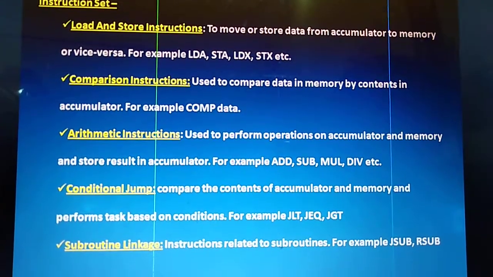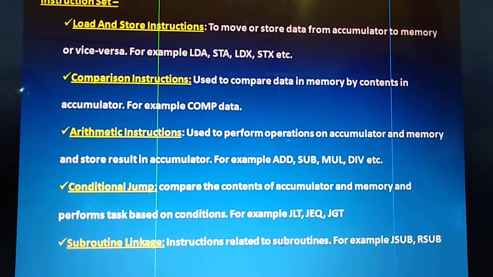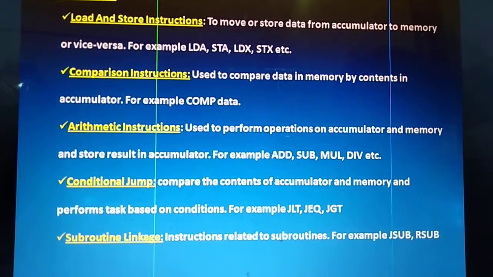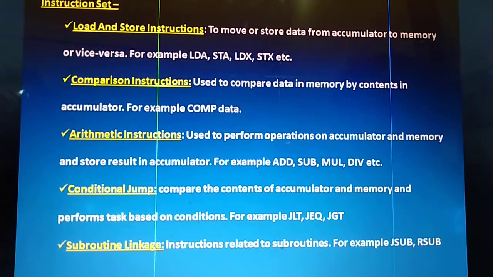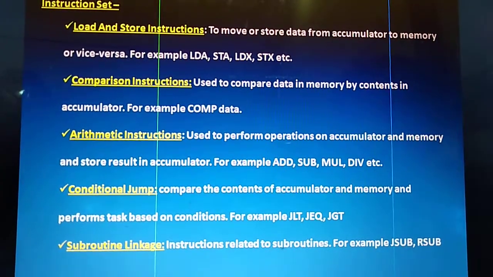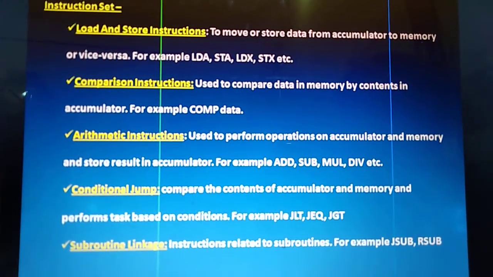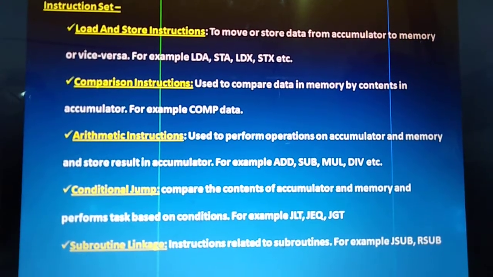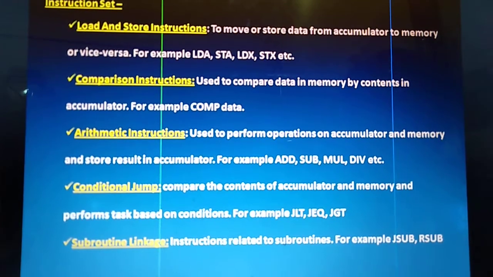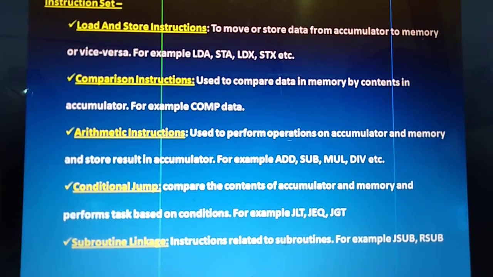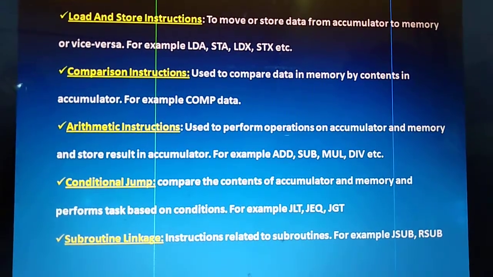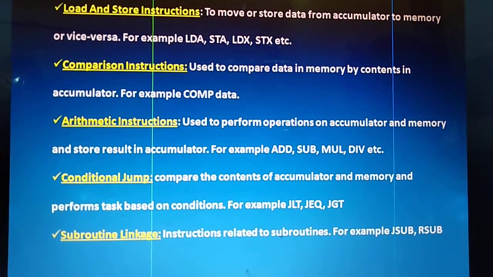These are the very normal arithmetic instructions. For these we use the ADD, SUB, MUL and DIV instruction codes. Conditional jump compares the contents of the accumulator and memory and performs tasks based on a condition. For example, JLT, JEQ, JGT. These are the different types of instructions for conditional jump.